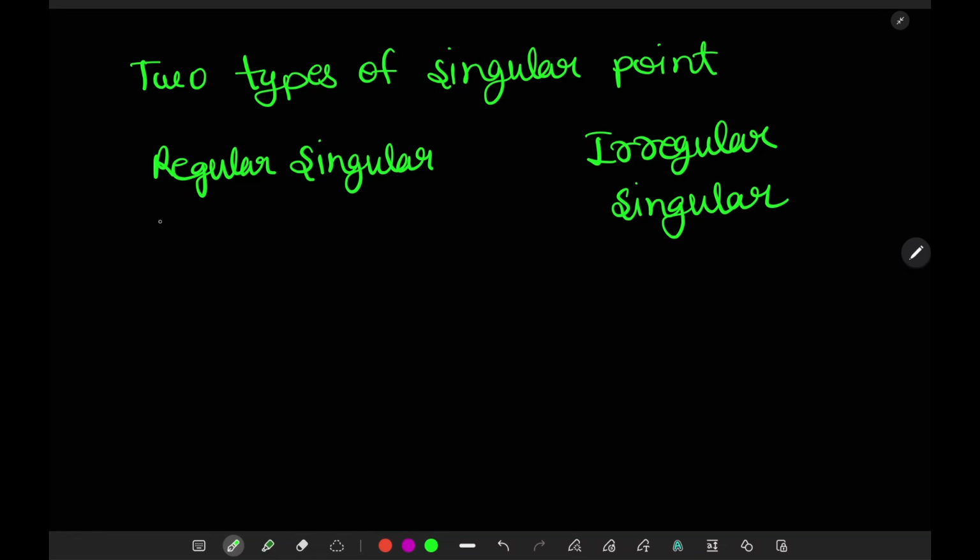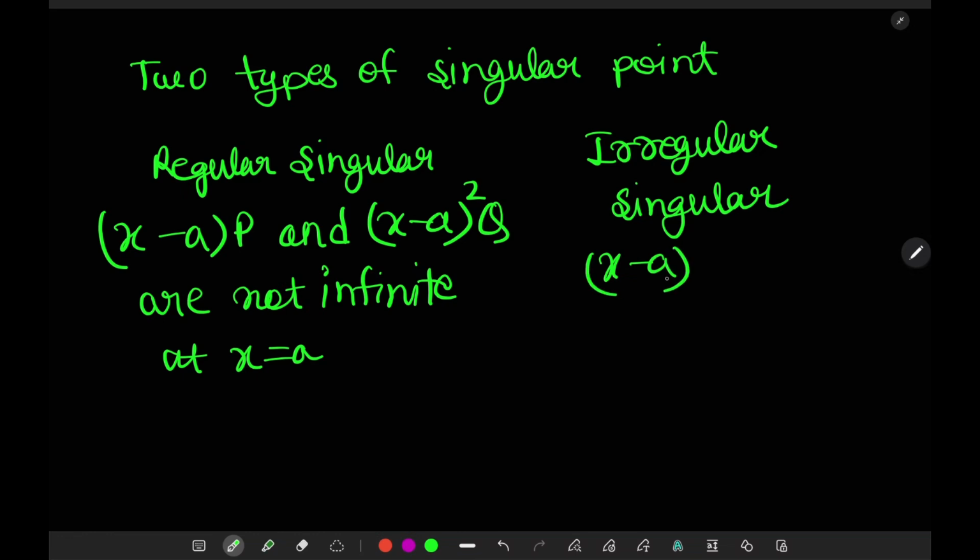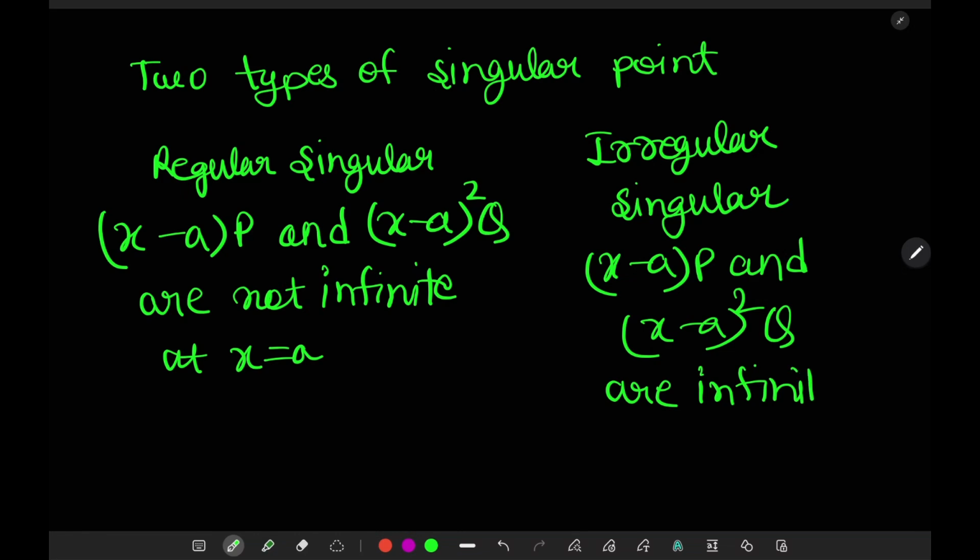In a regular singular point, if x minus a into p and x minus a whole square into q are not infinite at x equal to a, then it is said to be a regular singular point. In case of an irregular singular point, x minus a into p and x minus a whole square into q are infinite at x equal to a.